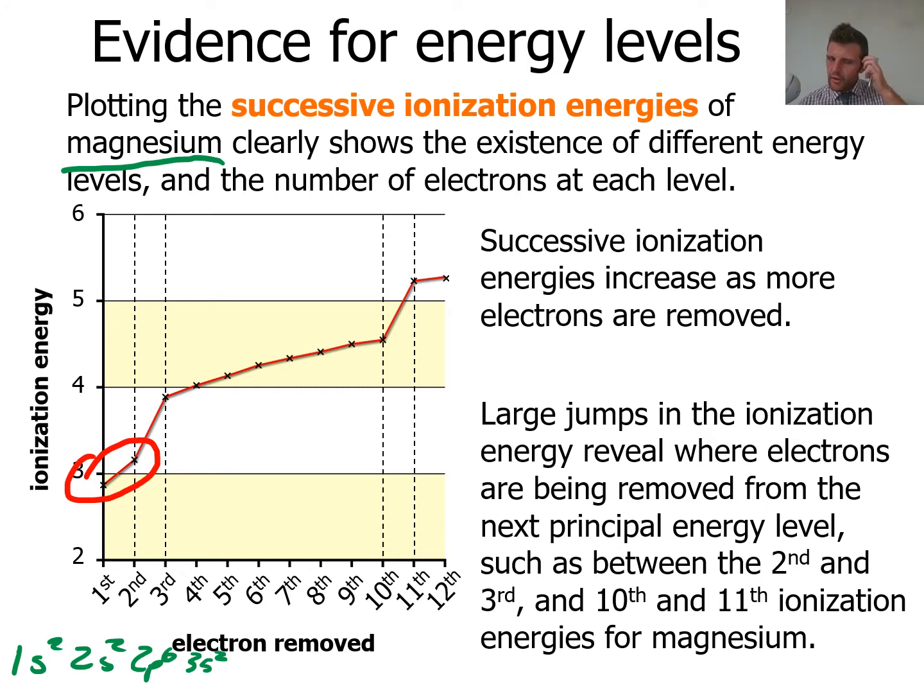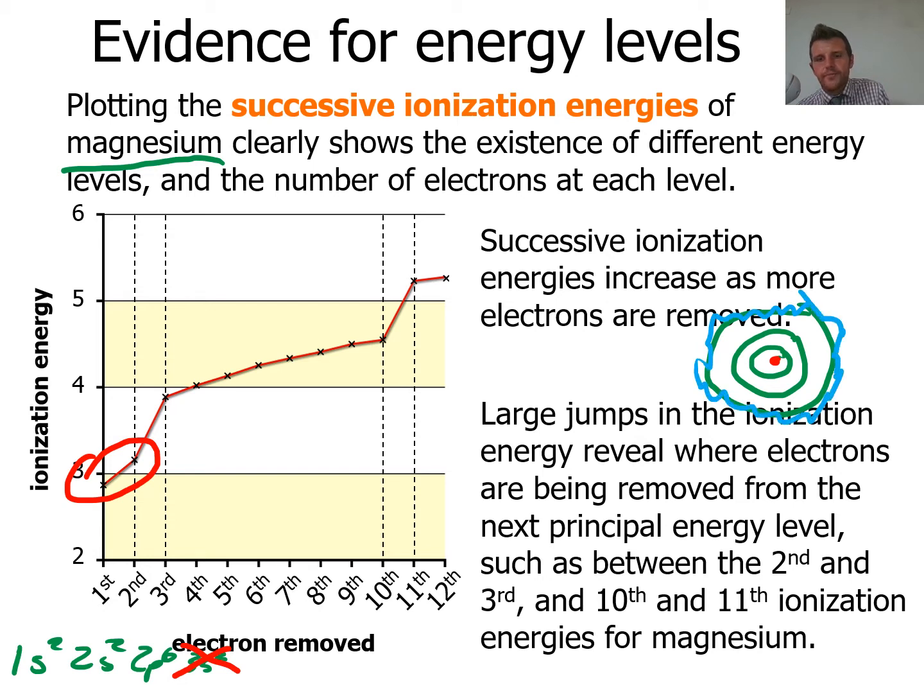So the first 2 electrons we removed, we saw a relative increase. It wasn't anything crazy, but it was an increase. And those 2 electrons were us dropping out the 3s2 electrons. So we removed the first 2 electrons and removed the third energy level. So if we had a nucleus, and then first energy level of electrons, second energy level, third energy level, when we removed those first 2 electrons, we effectively got rid of this third energy level.